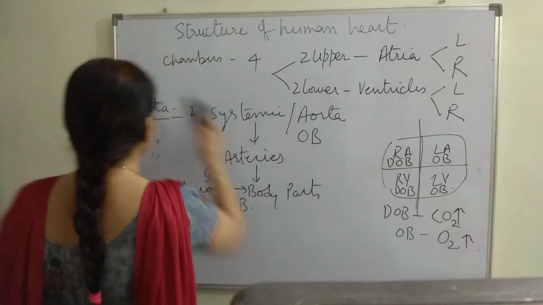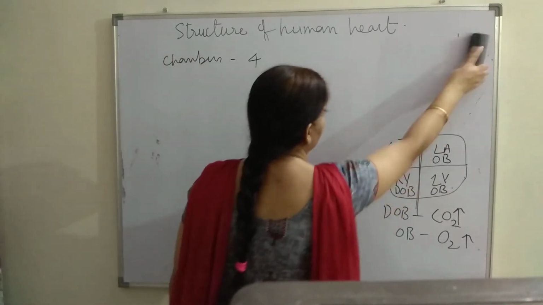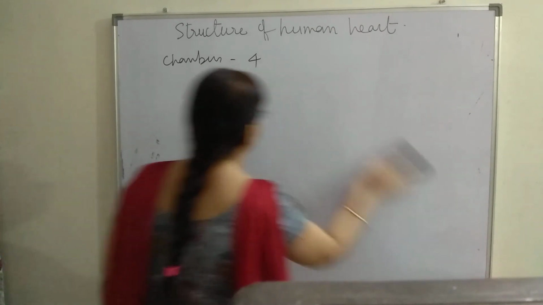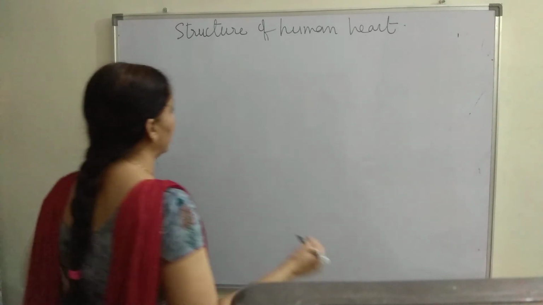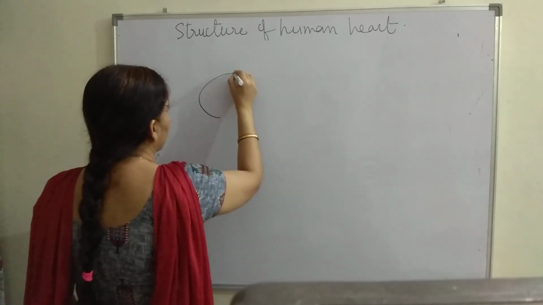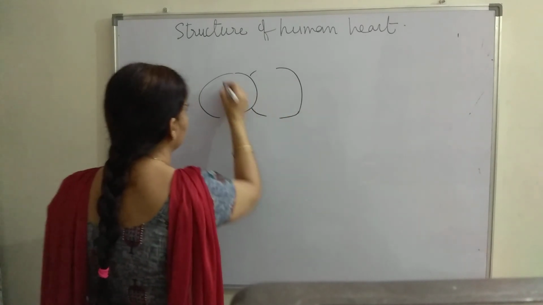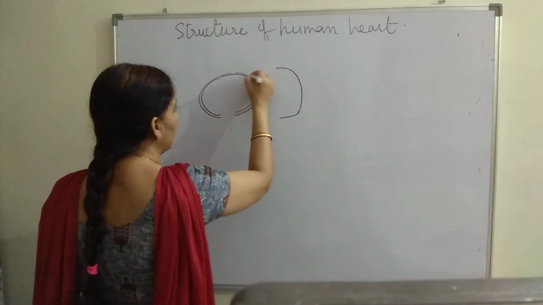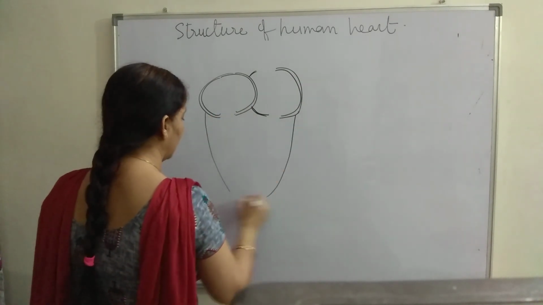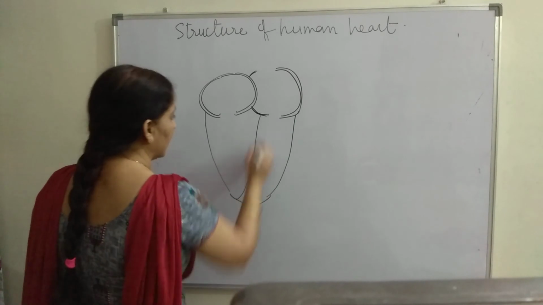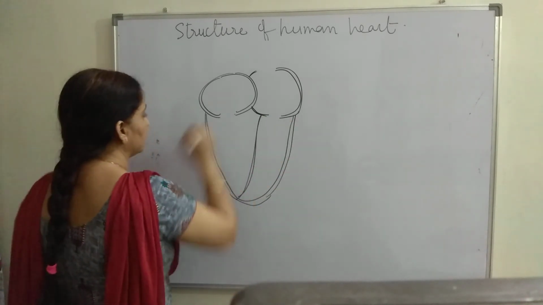Now we will see these parts in the structure of the heart, and we will draw a simple ray diagram type of structure, not the one which is given in NCERT. That is very difficult to draw. So we make two chambers of the heart here. Upper chambers, double wall, and lower chambers, double wall, and in between there is a partition wall.